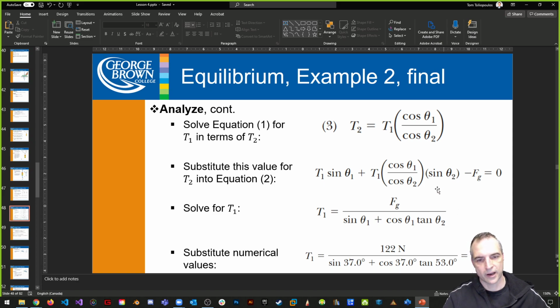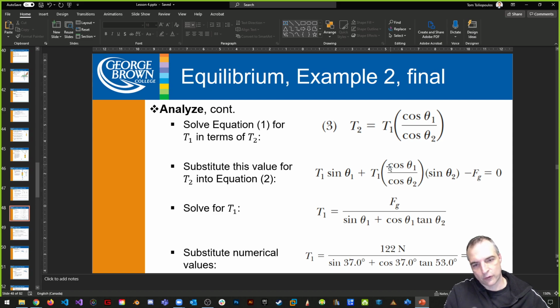Why do we get tan theta 2? Because sine theta 2 over cos theta 2 is tan theta 2. Sine over cosine is the tangent, according to trigonometry. That's an identity. So that's why we get tan theta 2 over here.